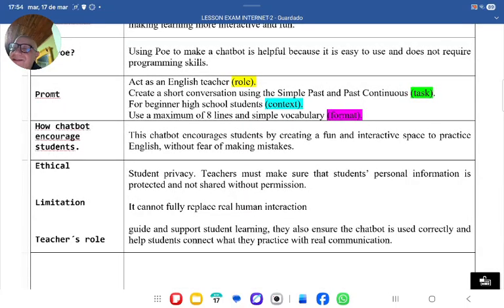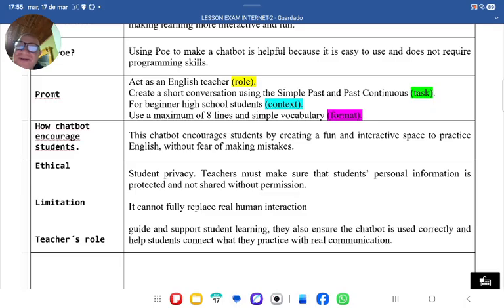The prompt this chatbot will use is, for example, what I wrote in the description of the chatbot: act as an English teacher to create a short conversation using the simple past and past continuous for beginner high school students, and use a maximum of 8 lines and very simple vocabulary.